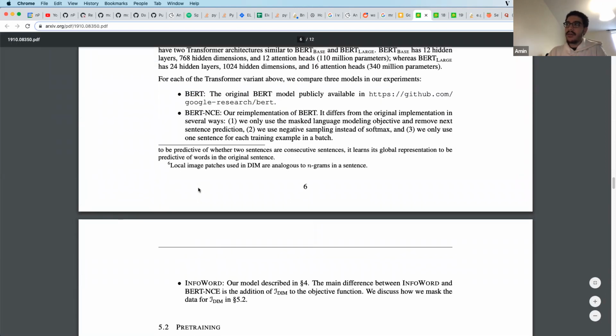The BERT NCE is just the re-implementation of BERT that the paper uses. As it says here, they remove next sentence prediction.